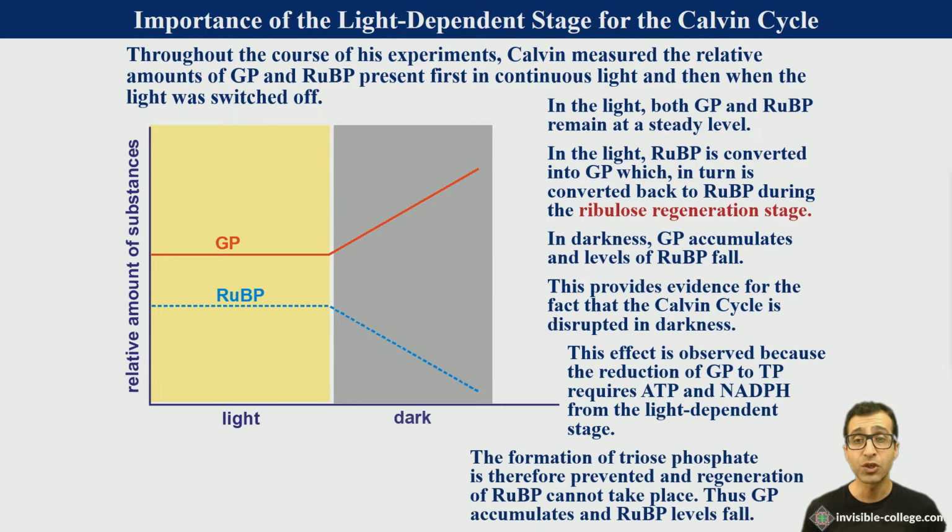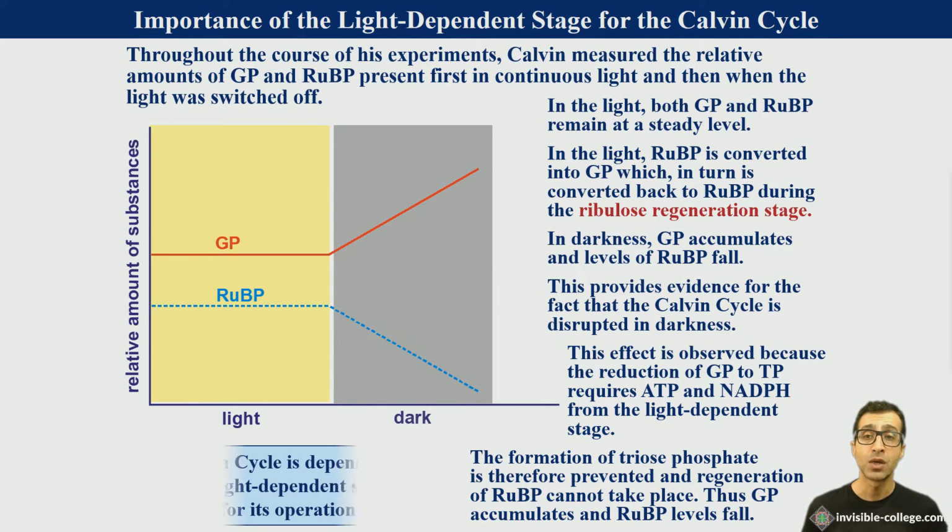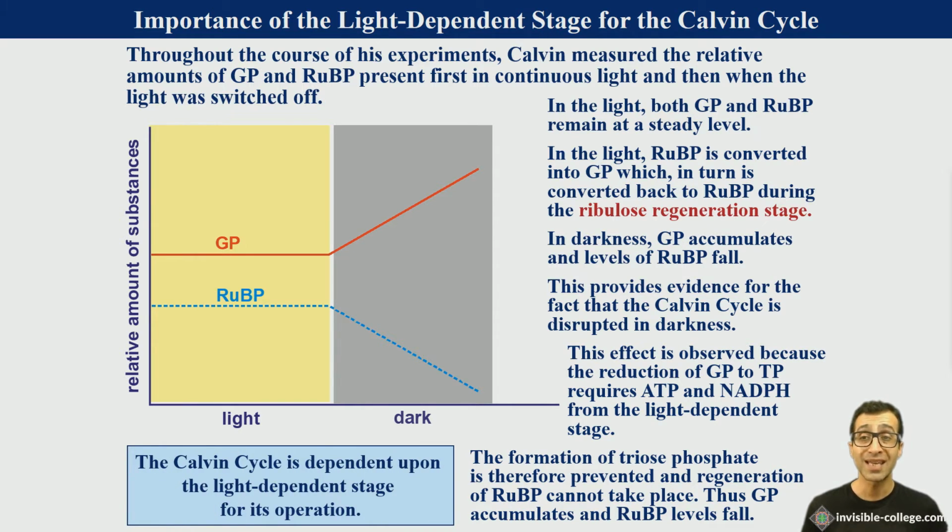So the formation of the triose phosphate is therefore prevented, and the regeneration of RuBP cannot take place because the products from the light-dependent stage which are required for those processes are not present in sufficient quantity. So what we're saying here ultimately is that the Calvin cycle is dependent upon the light-dependent stage for its operation, even though the Calvin cycle is what we will refer to as part of the light-independent stage.